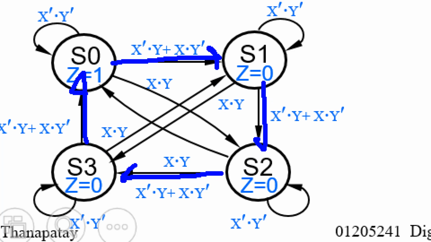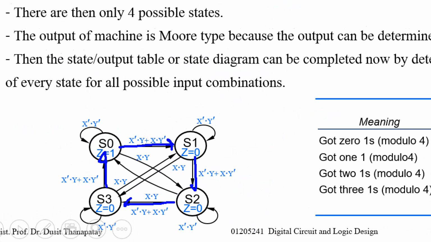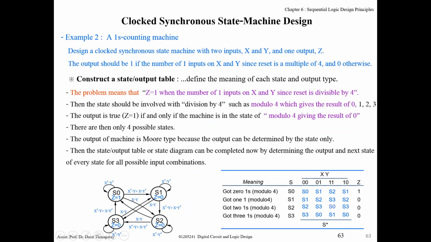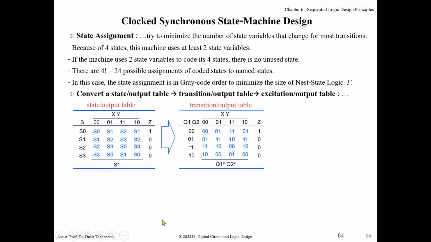If I define a state assignment for each state by using gray code order, it may reduce the number of components you get when you design, maybe by using K-map, something like that.